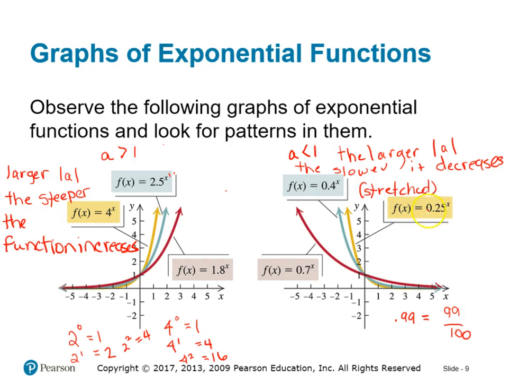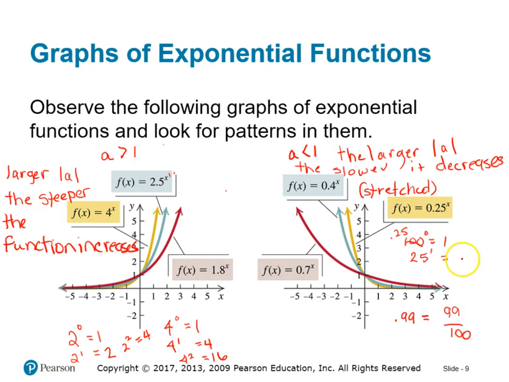Whereas if I have a case like this, a base of 0.25, my first hour would mean that I have 25 left, because 0.25 to the 1 is 0.25. 0.25 to the 0 is 1.